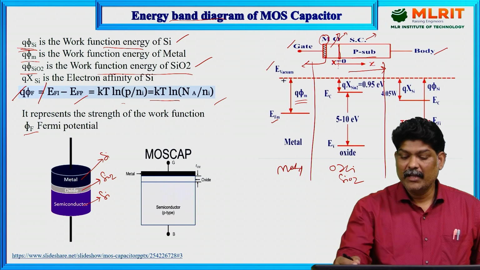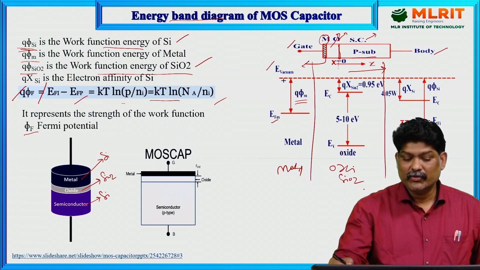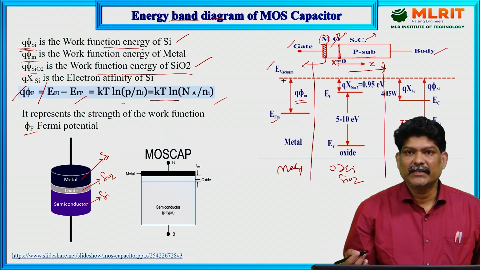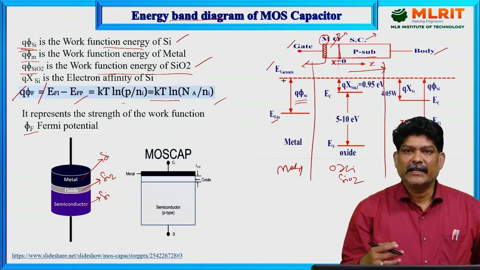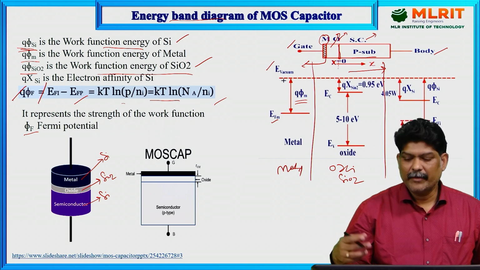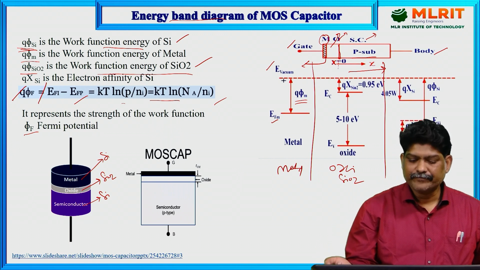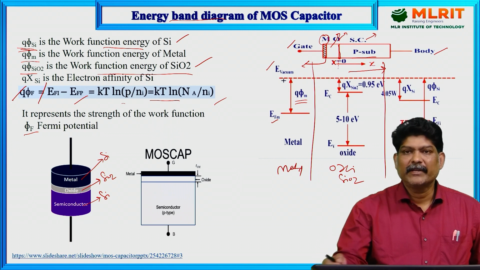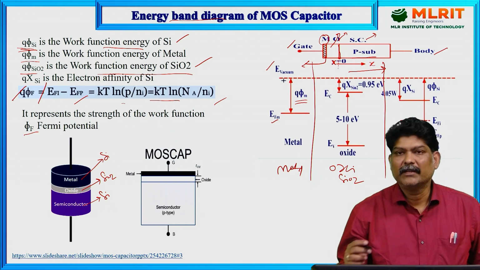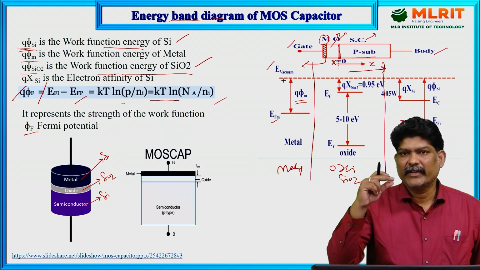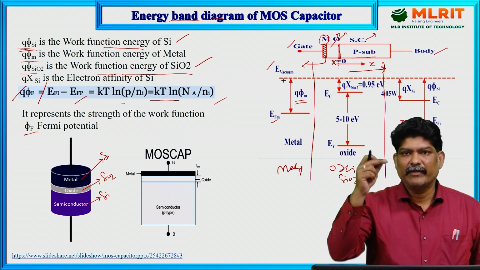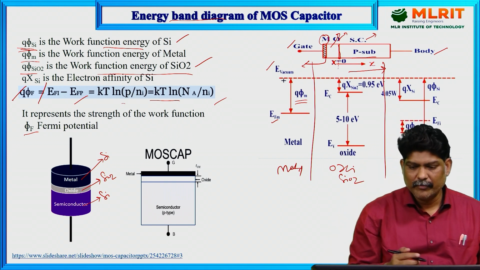Here SiO2 acts as an insulator. You know an insulator has a very high energy gap between the valence band and conduction band. Compared to that, for a semiconducting material the energy gap between conduction band and valence band is very small.